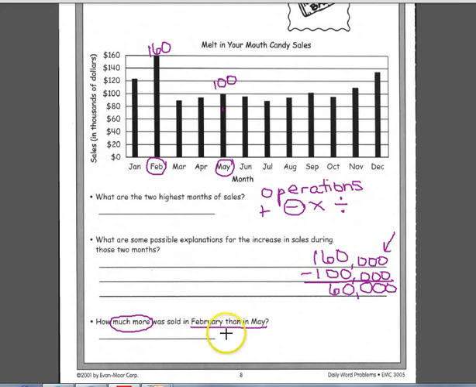I can't write that small, so I'm going to write it off to the side. Is $60,000. So thanks to Valentine's Day, they sell $60,000 more candy in February than in May.